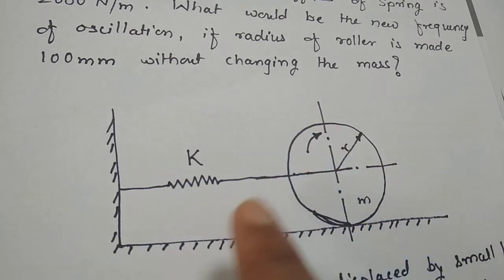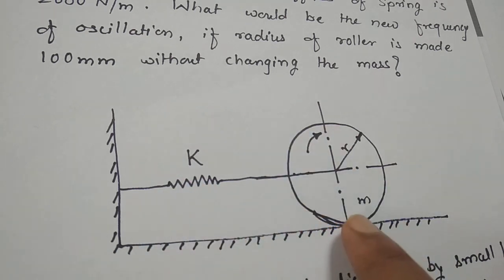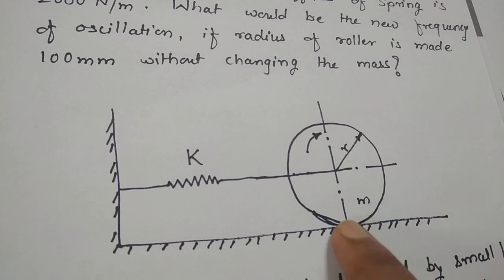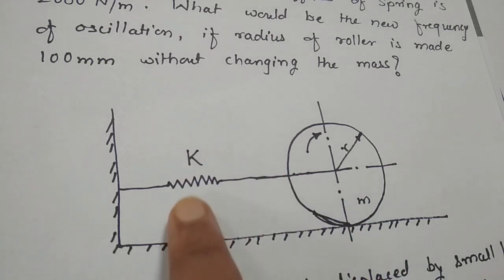So total energy will be the kinetic energy for the mass M or roller M in rotary motion as well as linear motion. That will be the total kinetic energy, and potential energy will be for only the spring, and that will be 1/2 kx square. We will see that one.